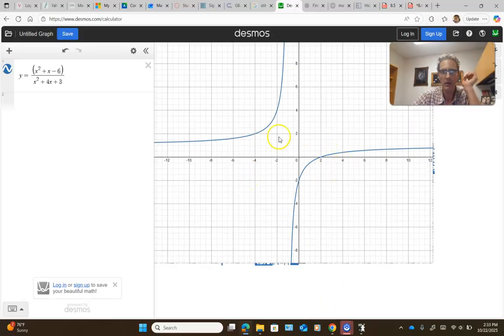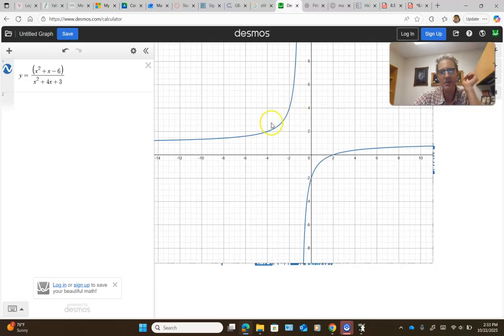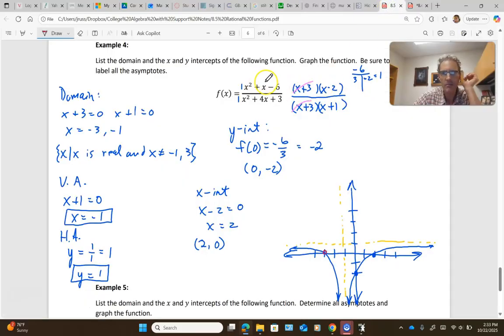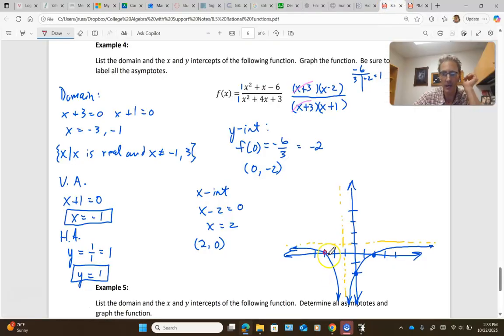Or wait a minute. No, it's not, because this piece is actually on the... This is kind of weird. I'll just double check here. No, that's right. So in my graphing over here, I assumed incorrectly that other piece.